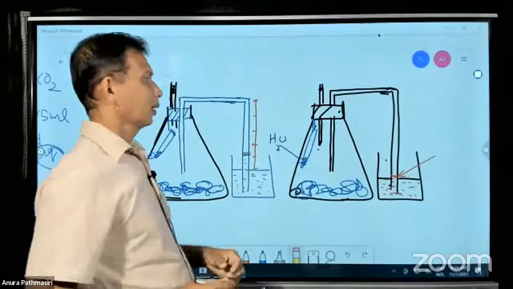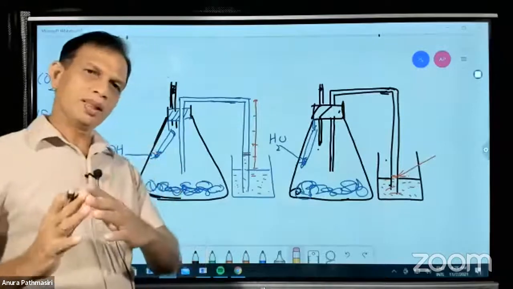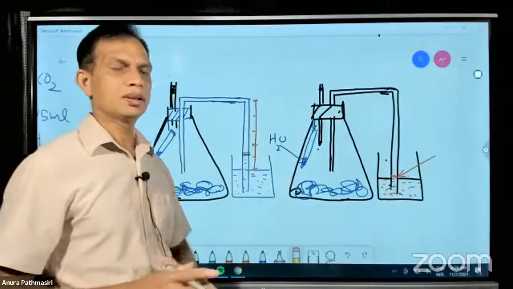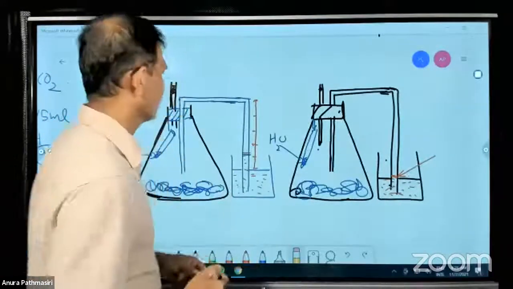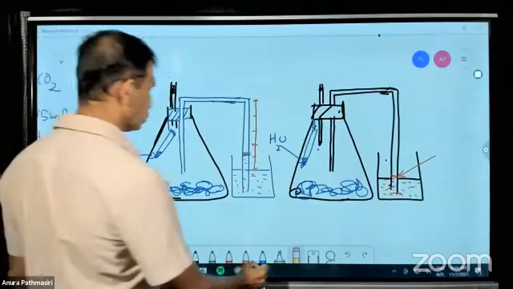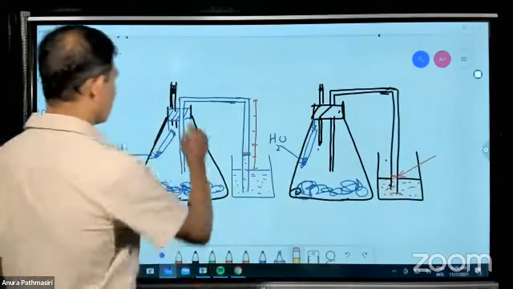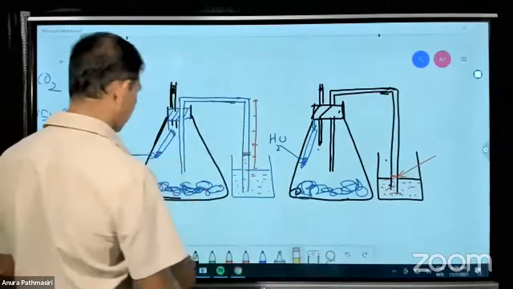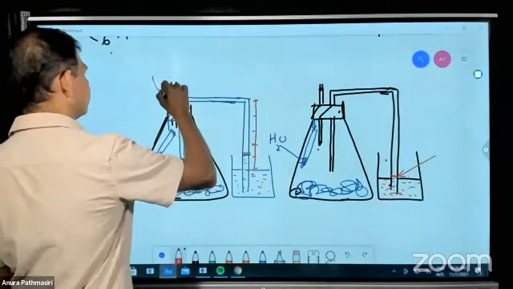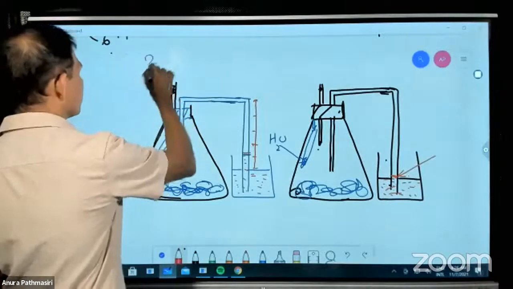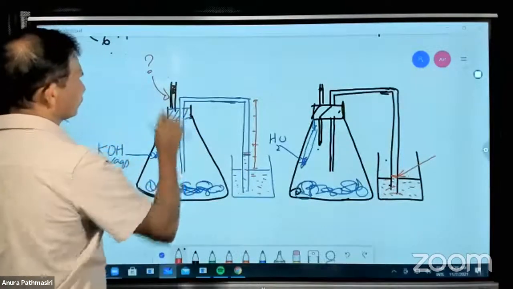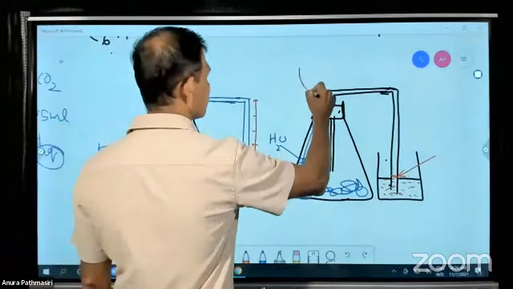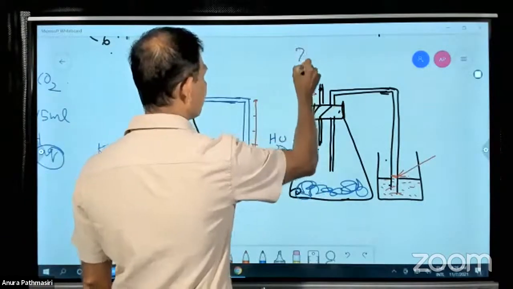And see, these are the reasons. First, why do you use a rubber tube here? What is the use of having a rubber tube?